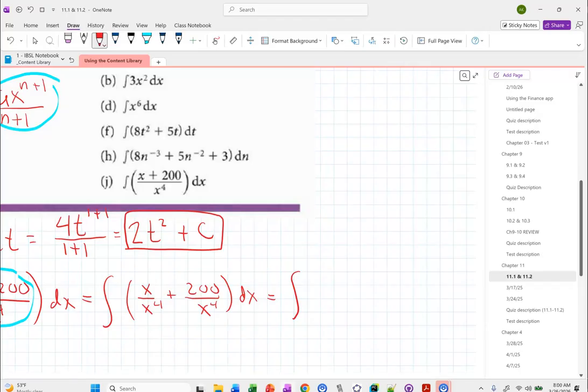And then I'm going to reduce those fractions and rewrite them with negative exponents. So x divided by x to the fourth should be 1 over x cubed, right? If I write that with a negative exponent, we'll just write that x to the negative 3. And then 200 over x to the fourth should be 200 x to the negative fourth. So far, so good. Now each of these is written as a power function, so I can use my rule for integration.